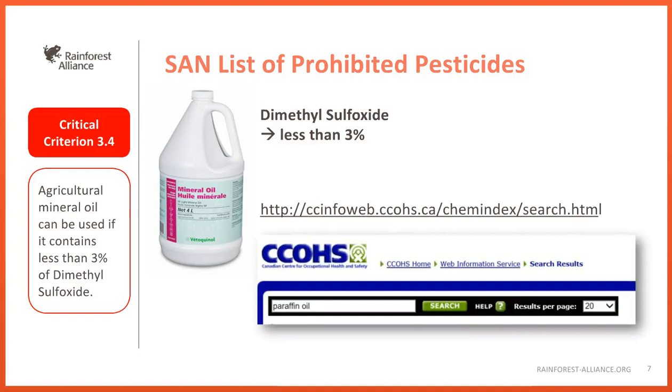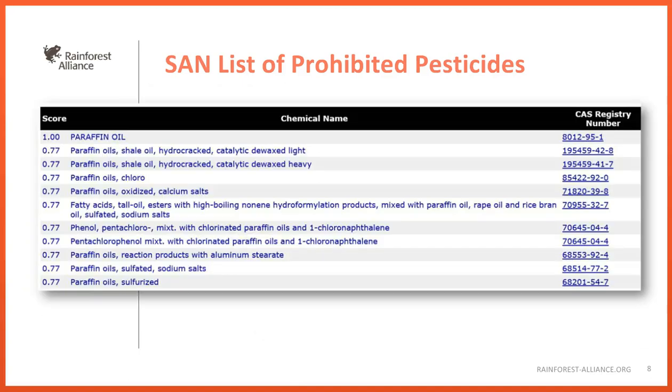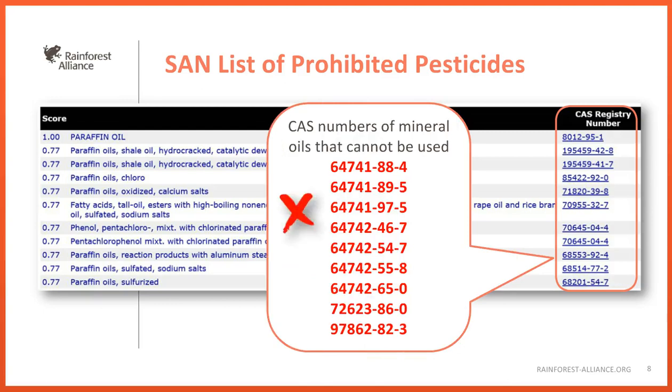First, you go to the link of Chem Index shown on the screen. Type in the name of the mineral oil. Then, the CAS numbers will appear. You need to check whether the CAS number of the product you intend to use is not in the list of CAS numbers of mineral oils that cannot be used. These numbers can be found in the guide for the standard.